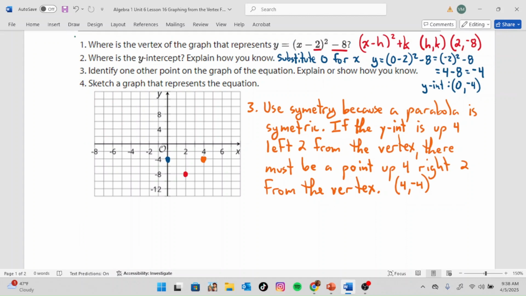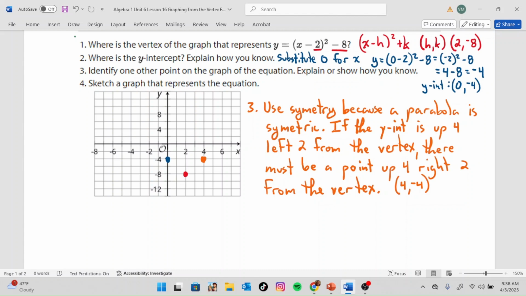And number 4 wants us to sketch a graph that represents the equation. You need at least 3 points to graph a parabola. We have in red the vertex. We have in blue the y-intercept.